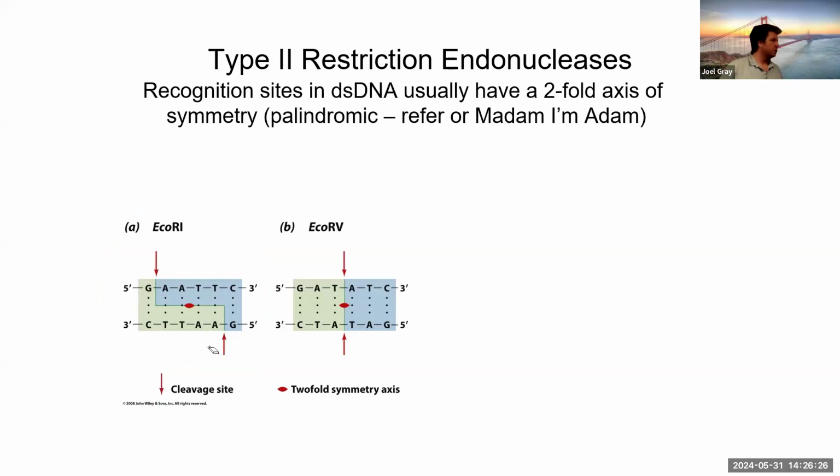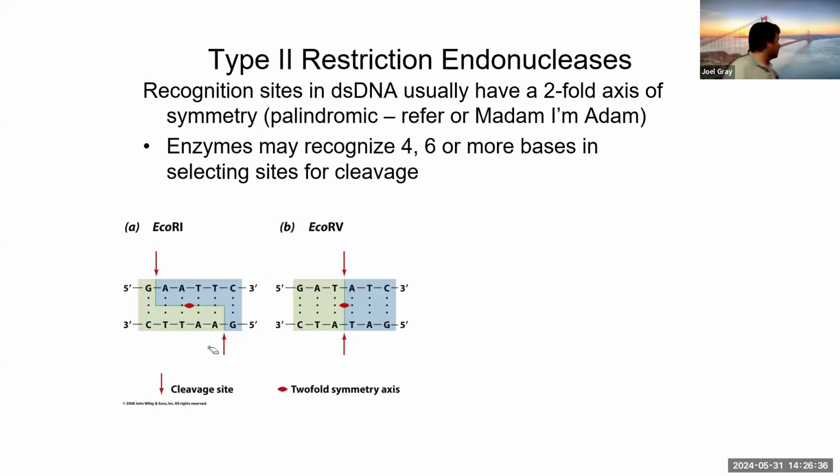It's common that recognition sites in double-stranded pieces of DNA usually have a 2-fold axis of symmetry. These are palindromes, so GAATTC. Well, reading on one strand and then the opposite strand is the palindrome of that. Now, enzymes are going to recognize sequences that are 4, 6, or more bases in selecting for a cleavage site.